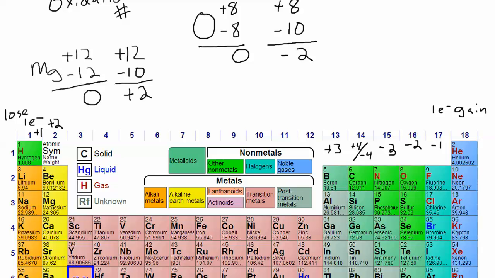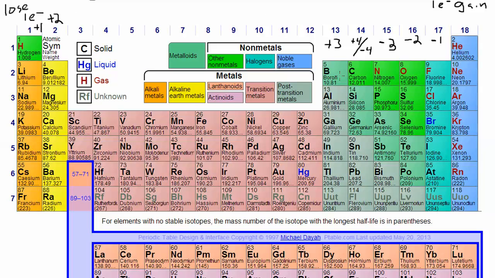Now, a good rule of thumb to follow is to use the metalloids to kind of guide your thinking here in terms of whether these things are going to be positive or negative oxidation numbers. So if we look at where the metalloids are at, and if I outline them on here, and we've already learned in this class about metals, nonmetals, and metalloids.